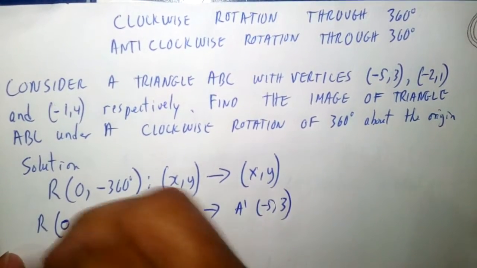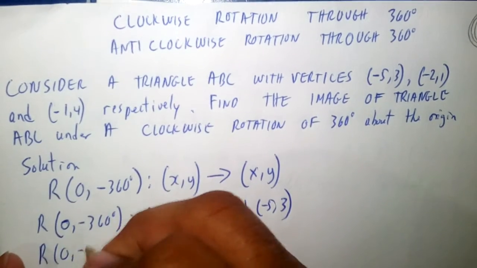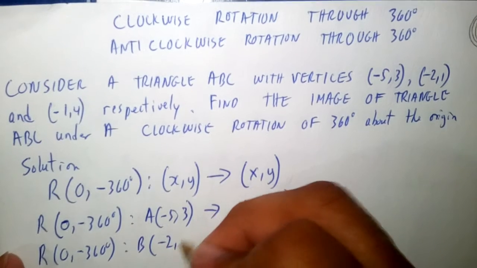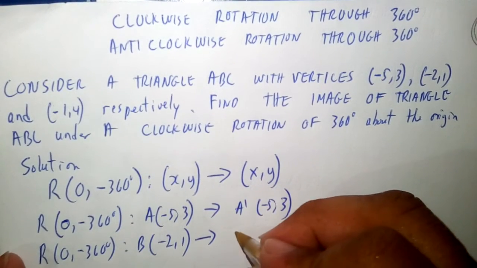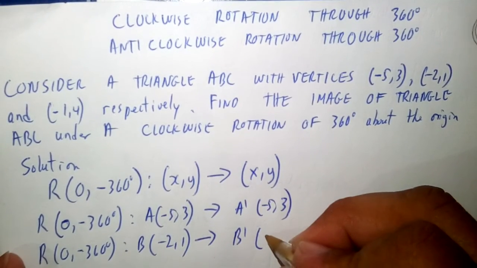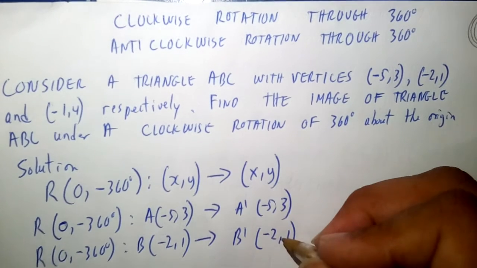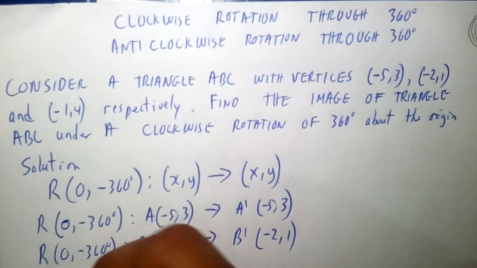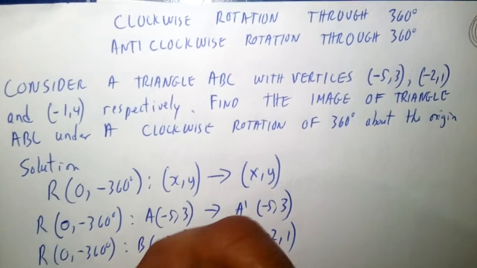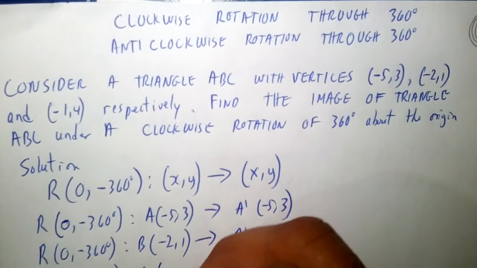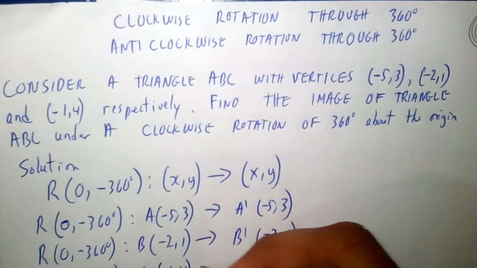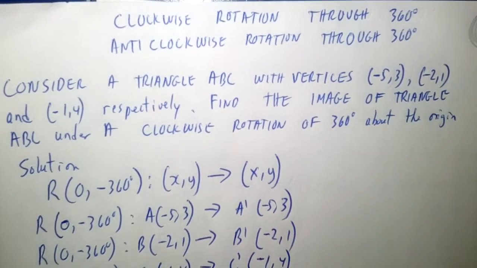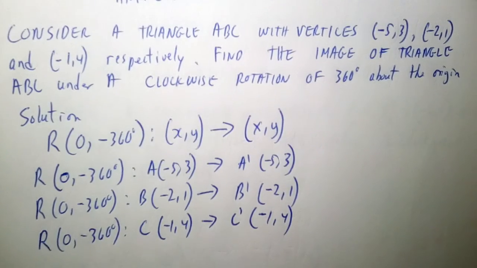Nothing changes. Rotation of the other point such that B is (-2, 1) is mapped to B prime (-2, 1). Nothing changes there again. And the other point, likewise, nothing will change. C (-1, 4) is mapped to C prime (-1, 4). So that is our mapping for such a thing.